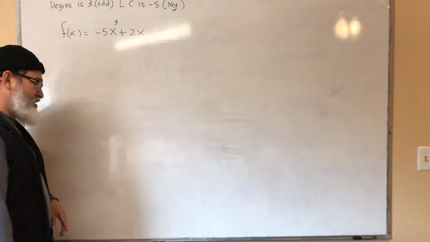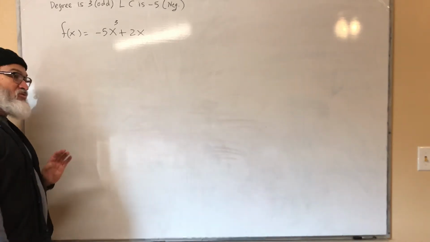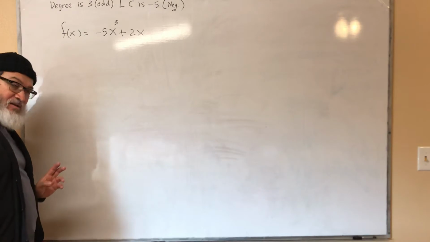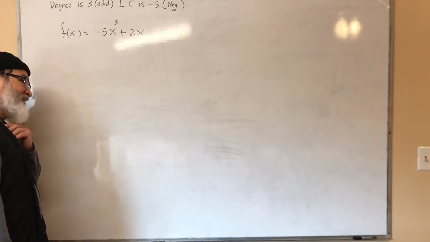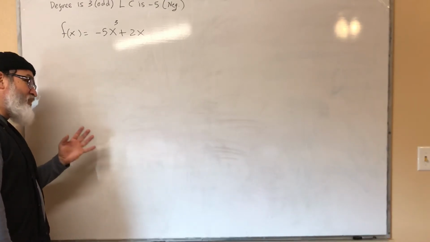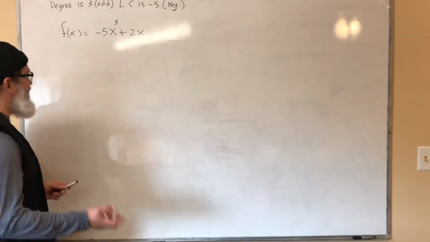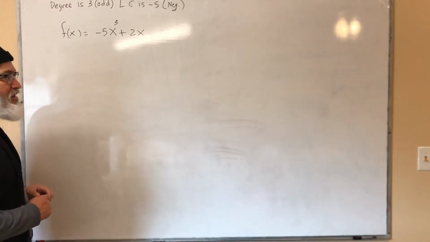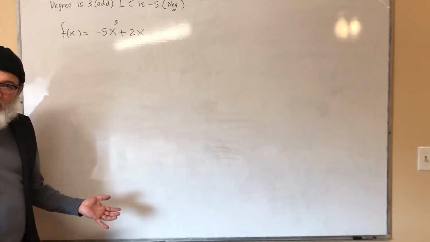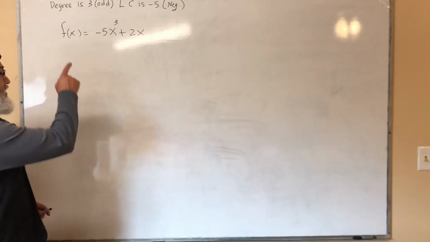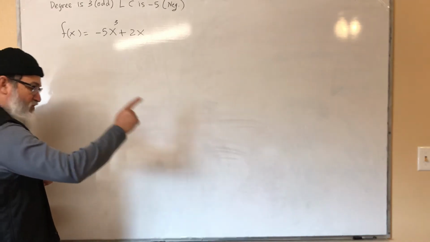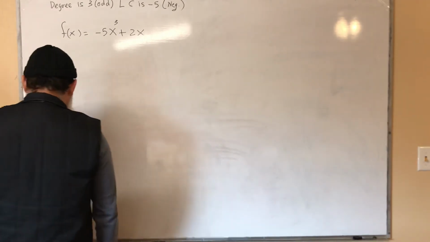So watch this. If it falls to the right and rises to the left, it means that we have an idea what it looks like. Once we have an idea what it looks like, it's easier to graph.